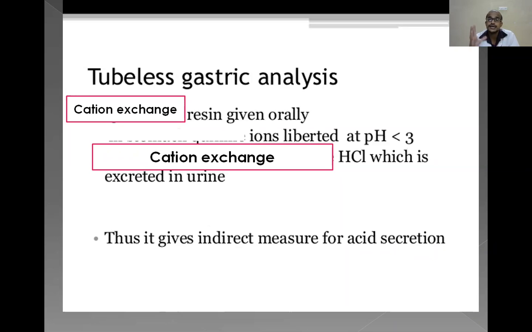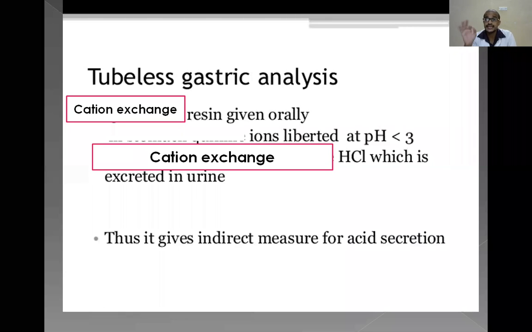This is known as tubeless gastric analysis because it is done without introducing any Ryle's tube, whereas in the previous gastric function tests, the introduction of Ryle's tube is necessary. Here, a cation exchange resin is given orally.